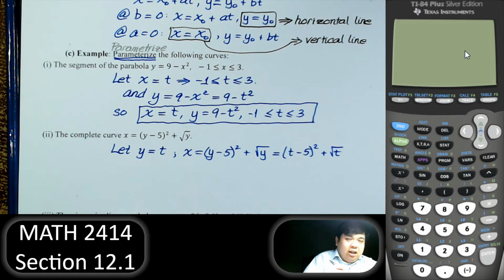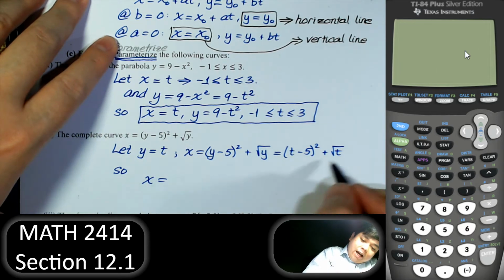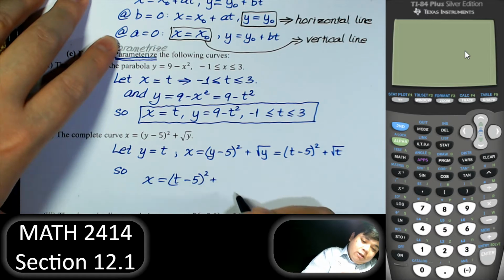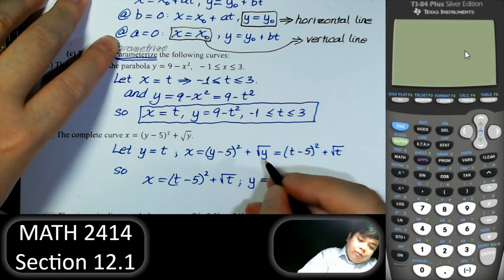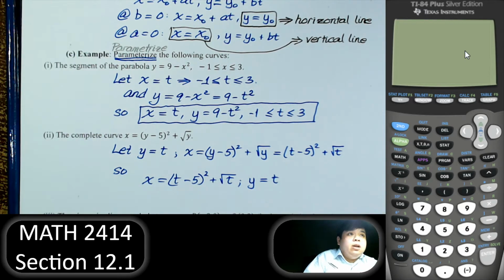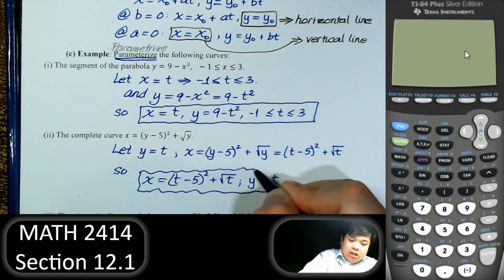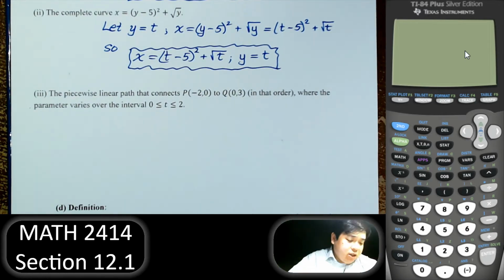And then we can say x equals that, and y equals t, and there is no domain for t, but we have parametric equations x and y in terms of t. Right, simple enough.